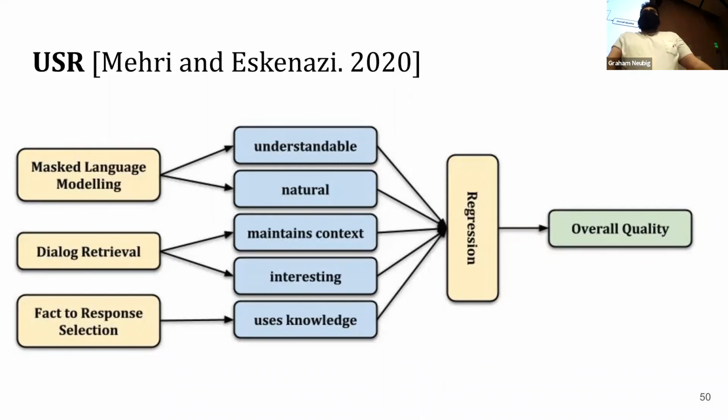But of course, there's a lot of problems with that. For one, they were still relying on a reference response. And as I mentioned earlier, it doesn't really make much sense to rely on a reference response in the context of dialogue. But the second problem is that they were relying on an annotated data set. And this is a problem for several reasons.